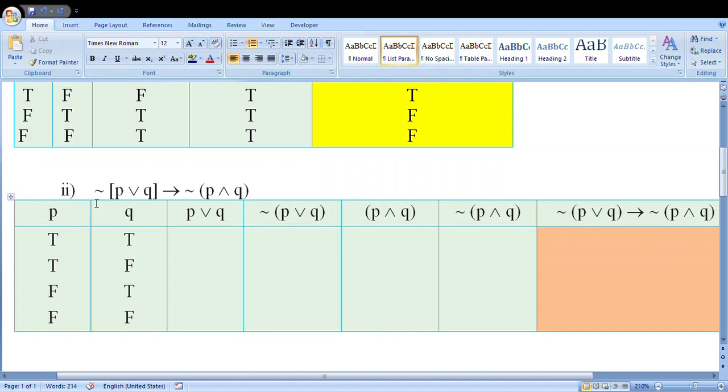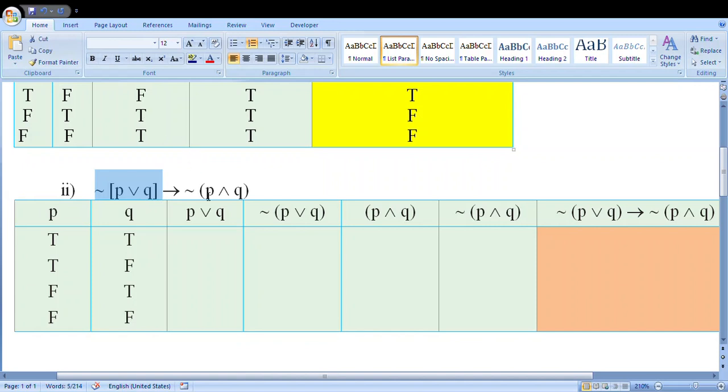So before negation, we have to identify this one. So first find out P or Q. So this is P or Q. As soon as we get P or Q, find its negation. So it is negation of P or Q. Now we get this total part.